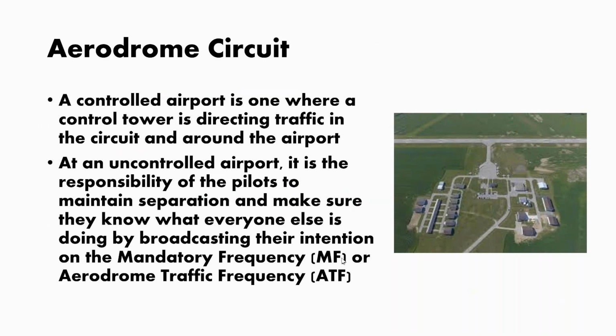So it's not a control tower saying, okay, you do this, you do that, you come in to land now, you go here, you go there. It's you telling everyone else what you want to be doing and when and how you're going to be doing it. And you're listening to other people telling you their intentions as well. It's up to you to make sure you don't conflict with each other.